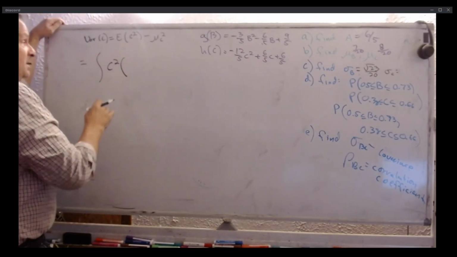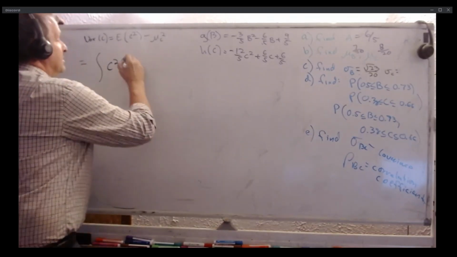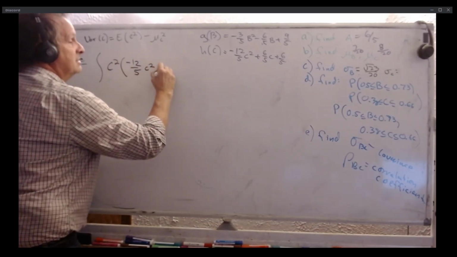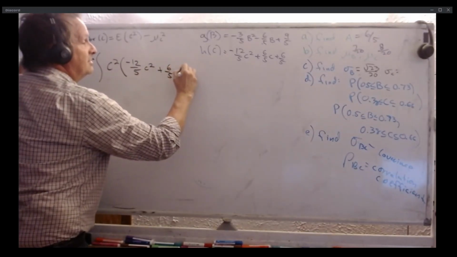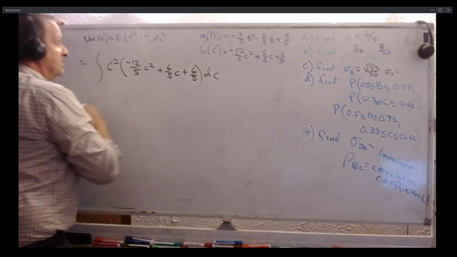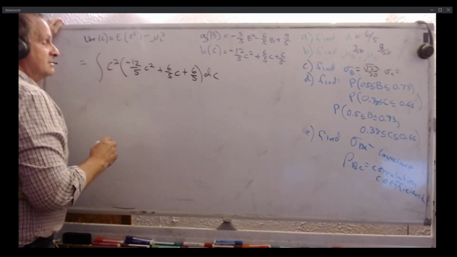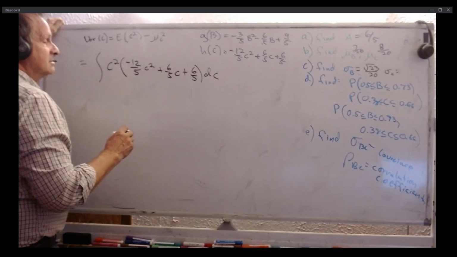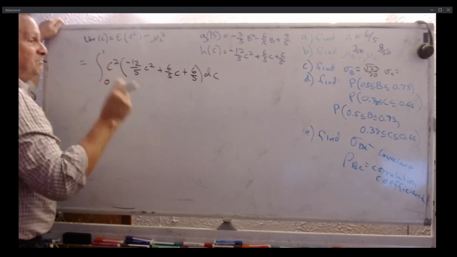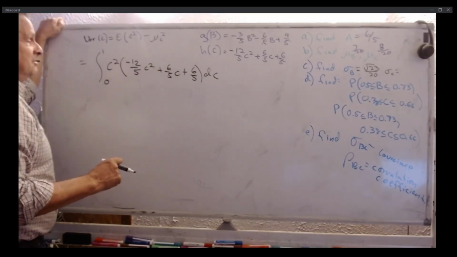Because in terms of c, b doesn't exist, because we integrated it out. What are the bounds? Wouldn't they be from 0 to 1? Yeah, it certainly would be, because again, b doesn't exist.